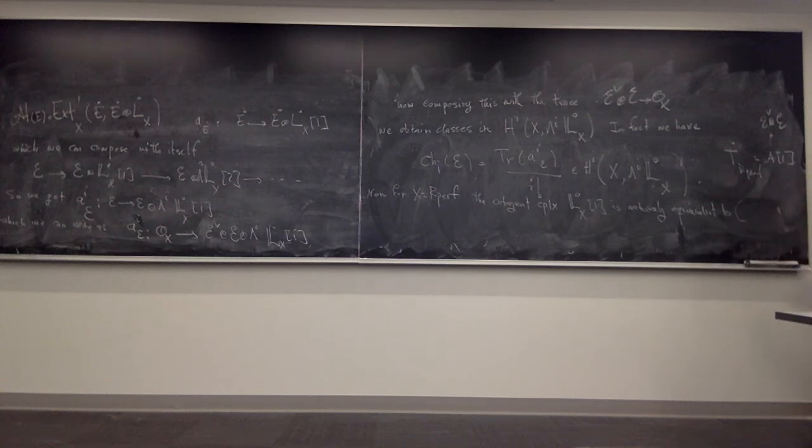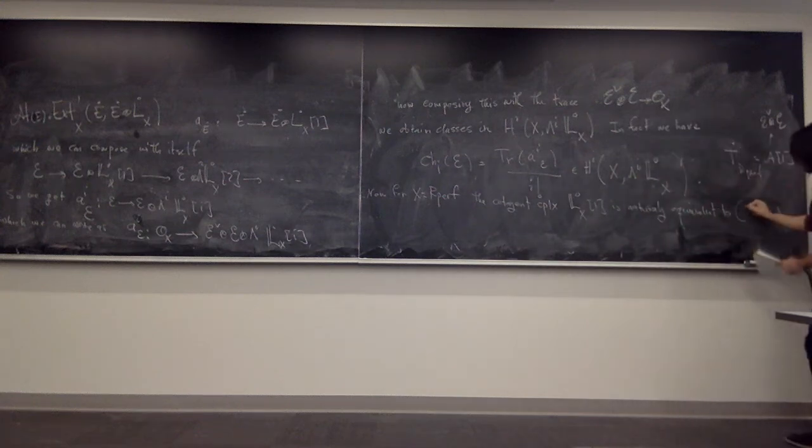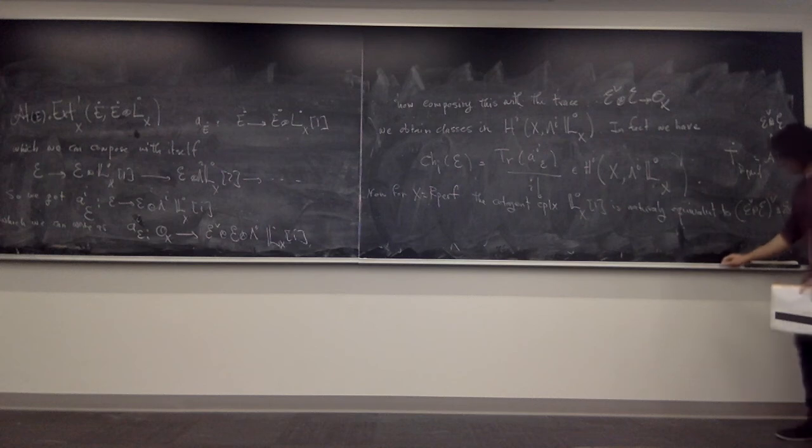So this is equivalent to E dual times E dual, because the tangent one is this guy, and that is E tensor with E dual.